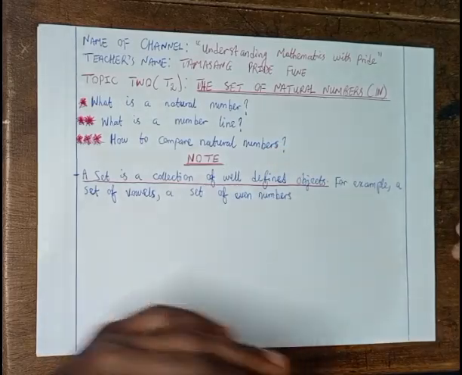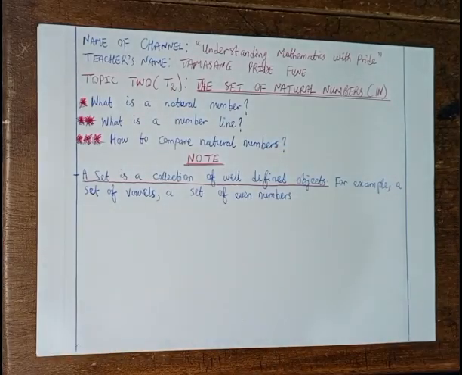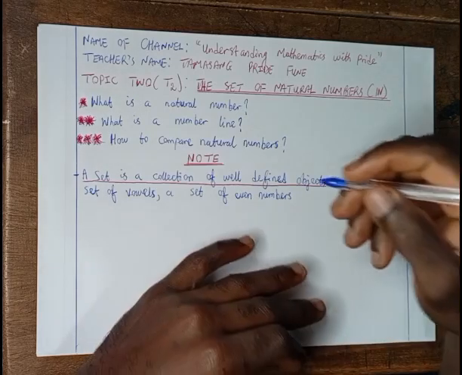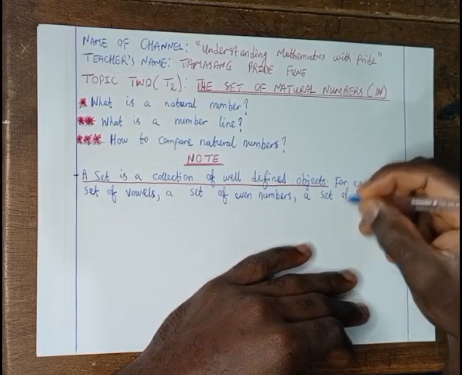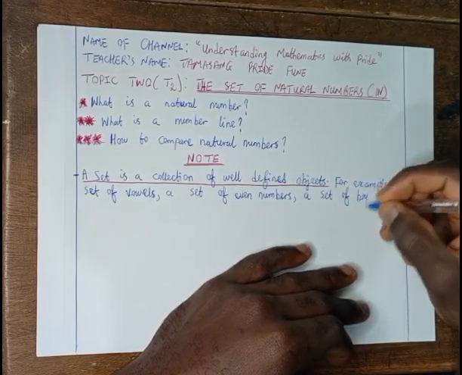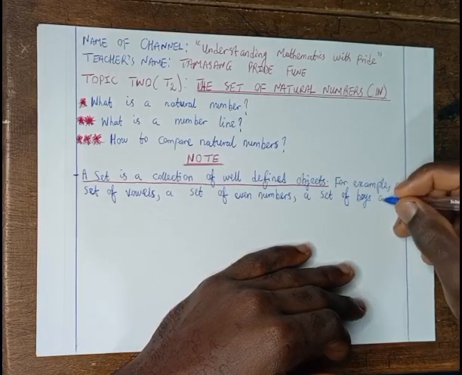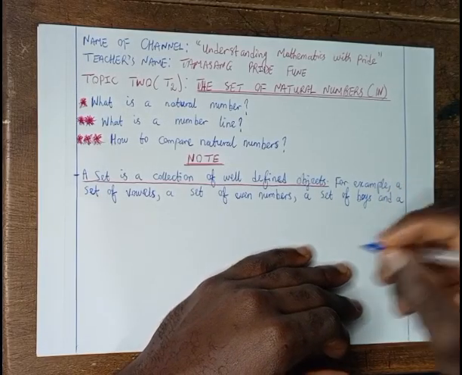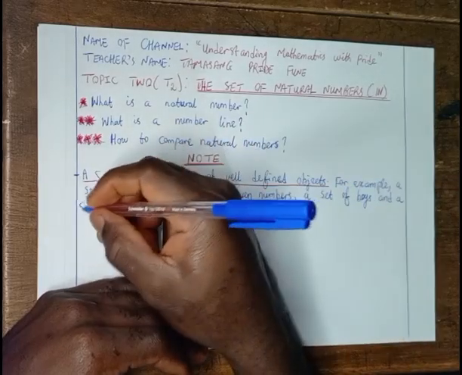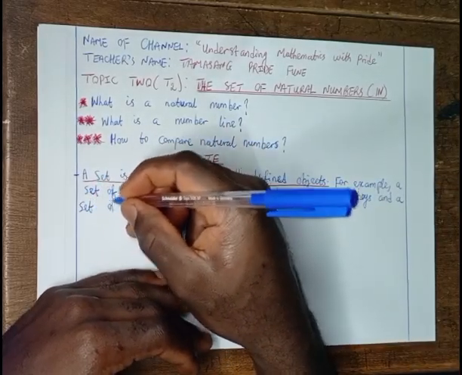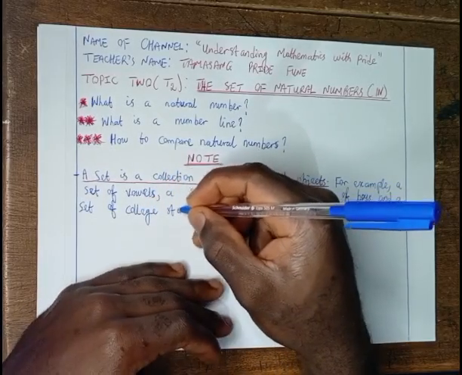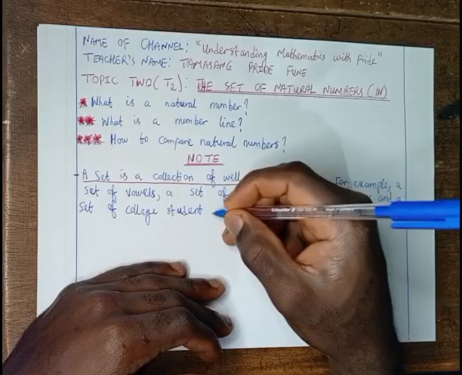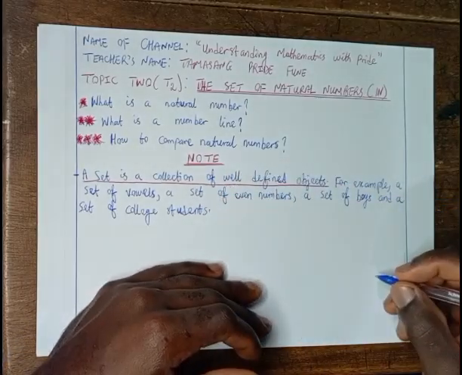You can see in this case a set of even numbers, that is all those numbers that can be divided by 2. Next, let's give another example. A set of boys. And let's give a last example. A set of college students. These are all examples of sets.